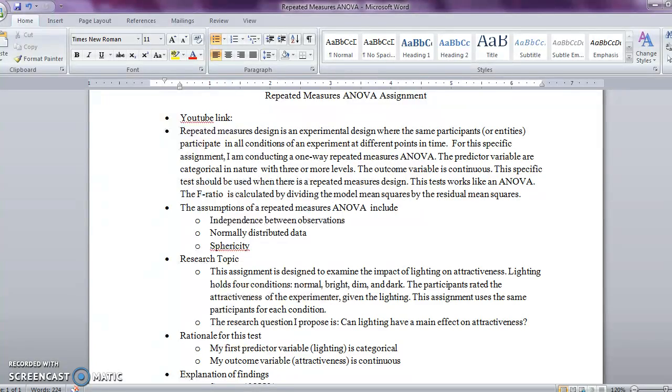Compound symmetry is where the variances for each condition of your experimental design are essentially equal, and the covariances between the pairs of conditions are equal as well. But sphericity is less restrictive in that it holds that the variances of the differences between conditions are roughly equal.